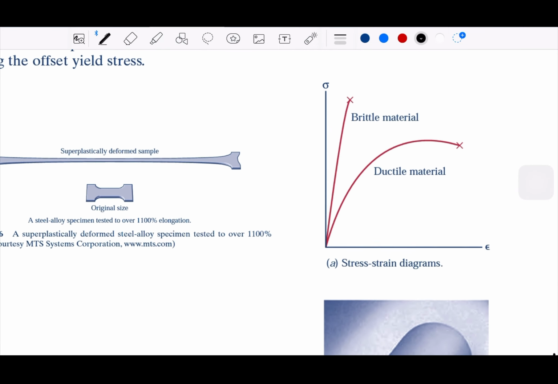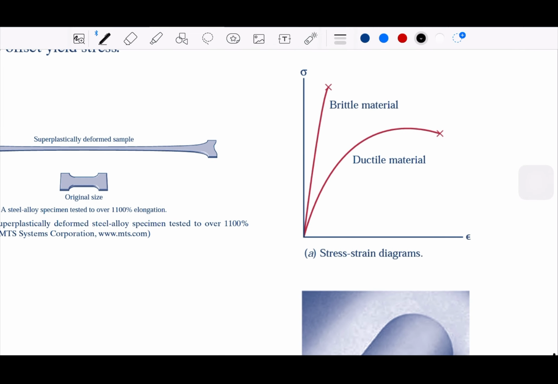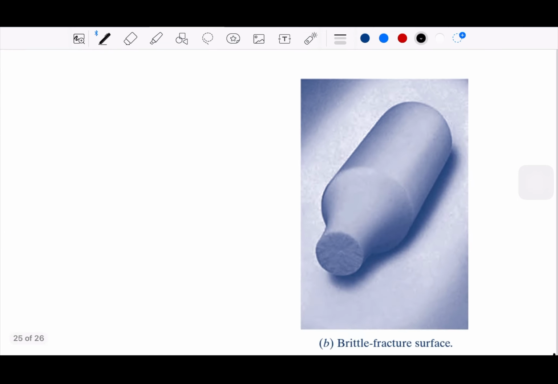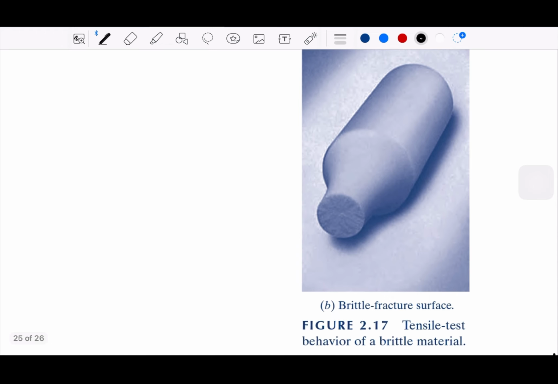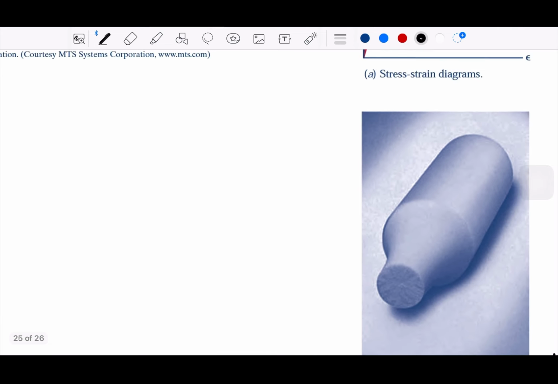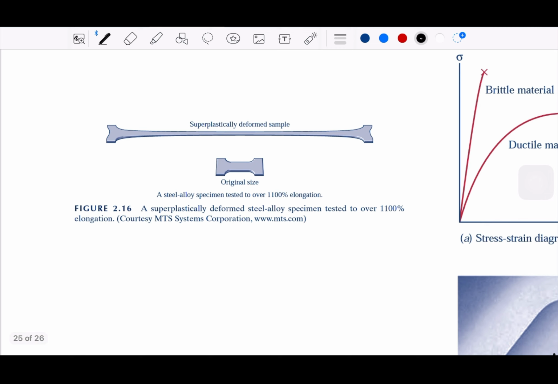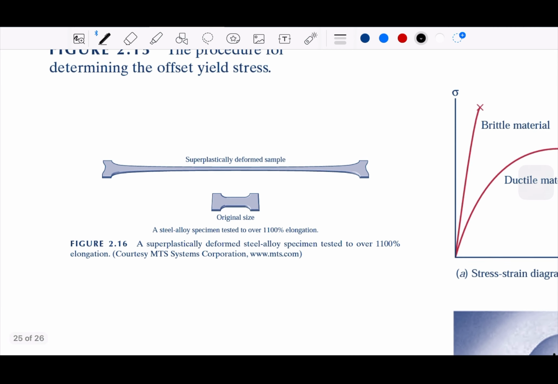And then this is how brittle and ductile relations look if we put them into stress-strain diagrams. This is one example, a fracture surface on a tensile test. And imagine this is some alloy that is super plastic.